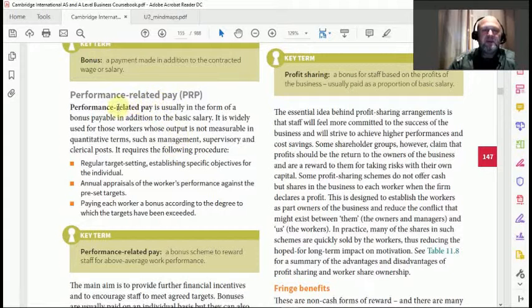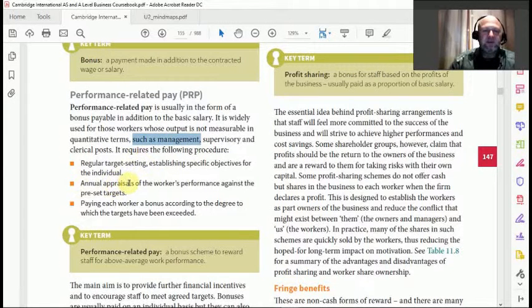Performance related pay. Okay, performance related pay is a form of bonus payable in addition to the basic salary. It is widely used where workers' output is not measurable in quantitative terms, such as management. So regular target setting is needed.